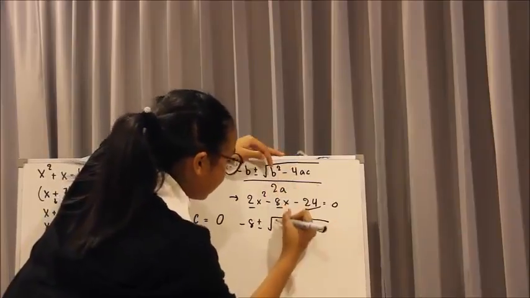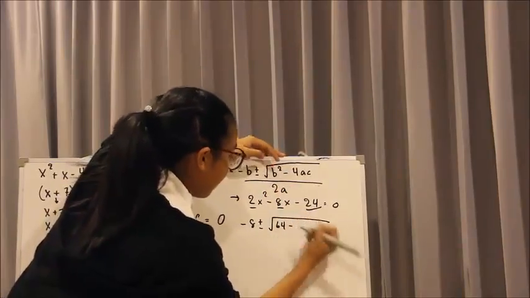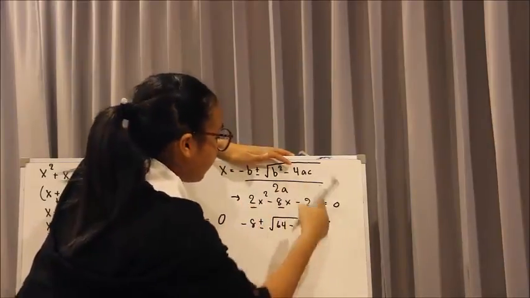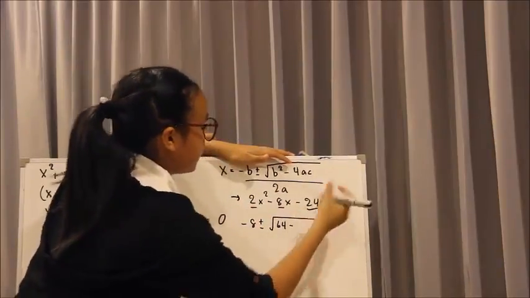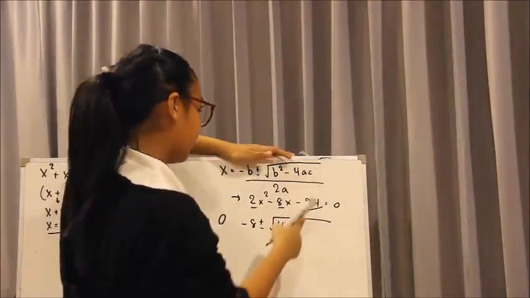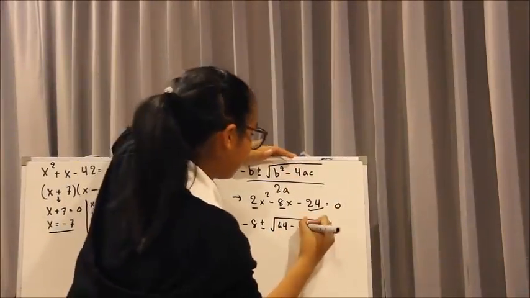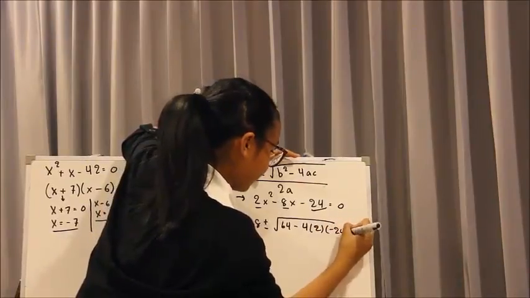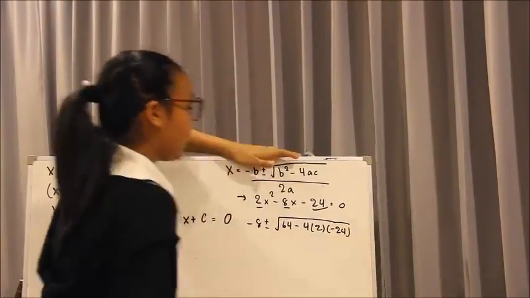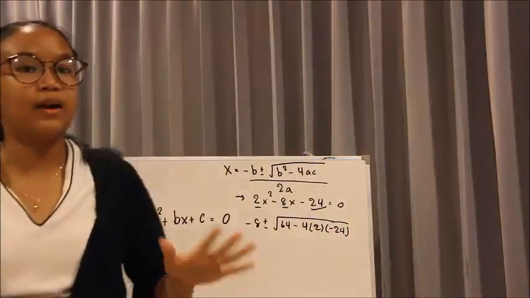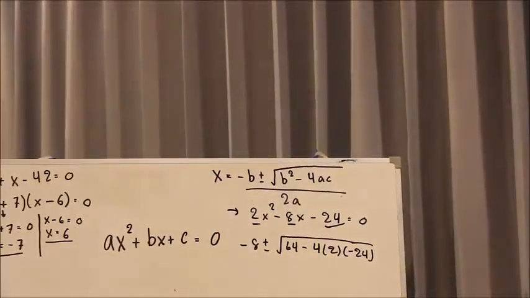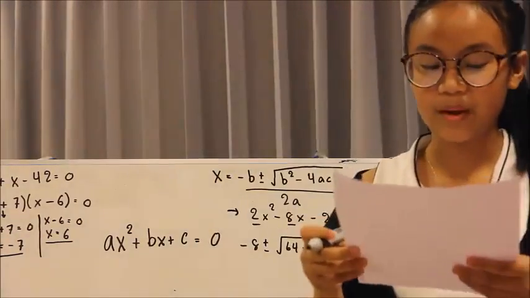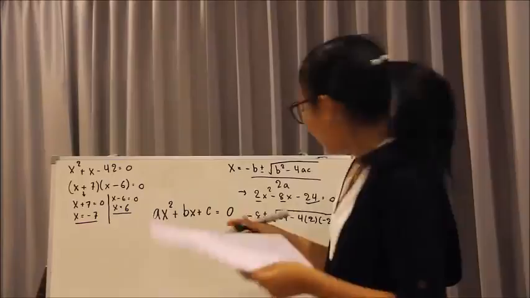b squared, 64, minus 4 times 2. Okay, 4 times this first. So we have 4 times 2 times negative 24. I'm not going to figure it out right now because I already have an answer key in my hand, but you have to in your exam.